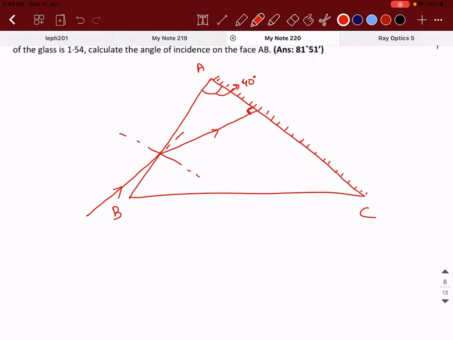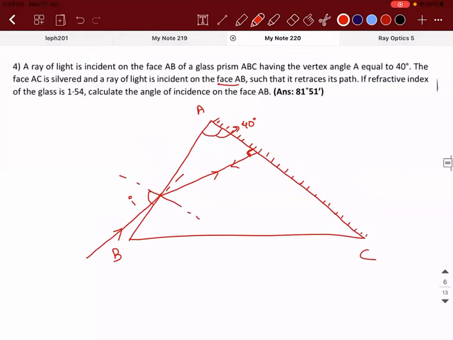Because we know with respect to reflection, what should happen? When the angle of incidence is 0 degrees, the angle of reflection will also be 0 degrees. When this is the scenario, our job is to find the angle of incidence for this kind of process to take place.